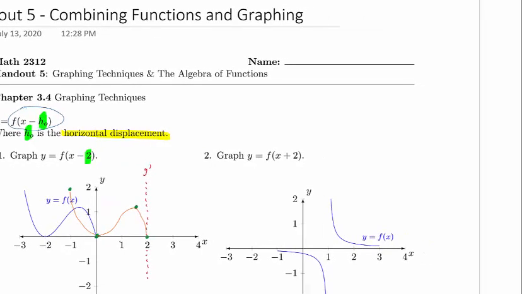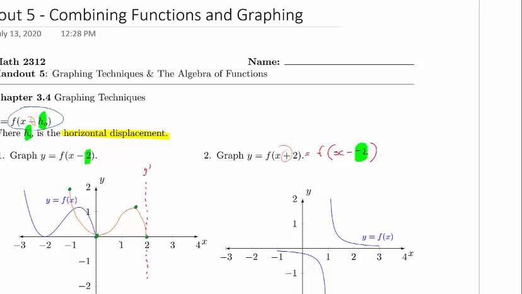Now look at this one. Note that we have a plus here, right? But usually we've got a minus. We want to make sure we get this in the form we're familiar with. So this is the same thing as f of x minus -2. Right, so -2 is our horizontal displacement.